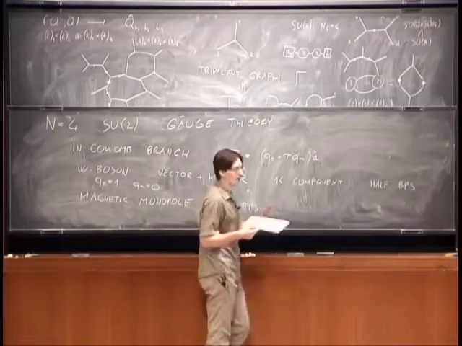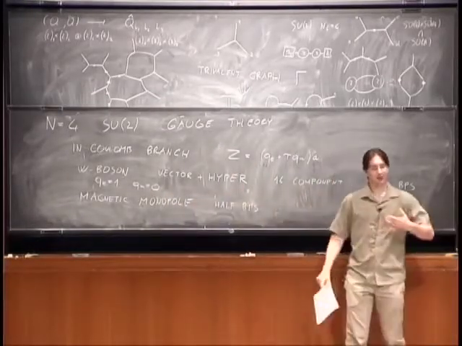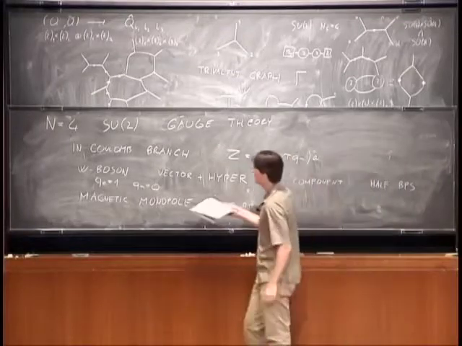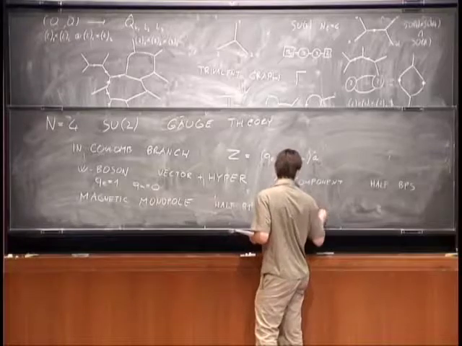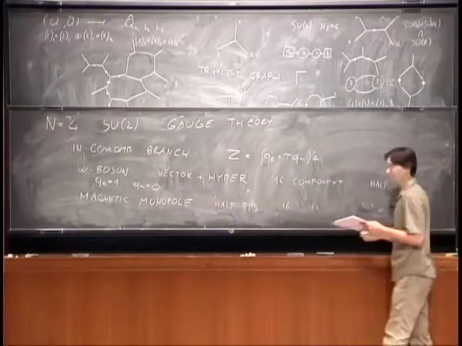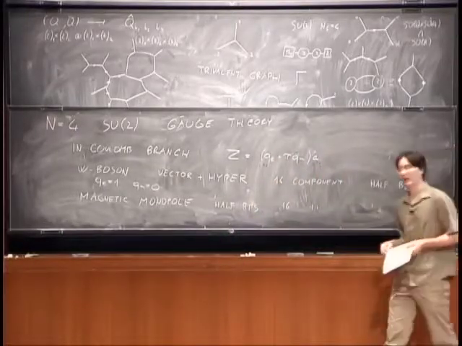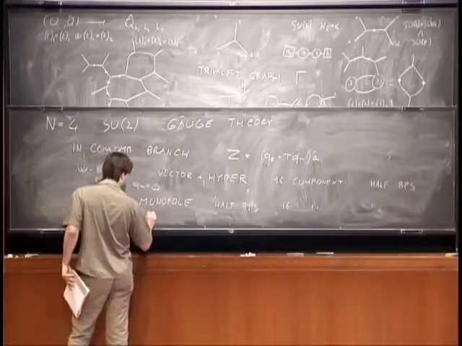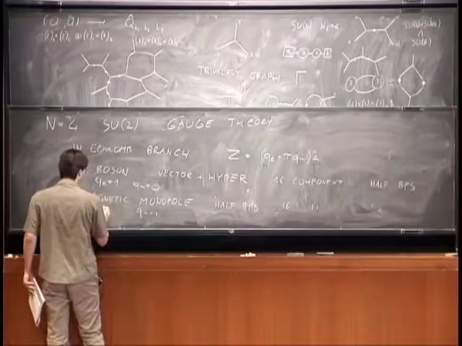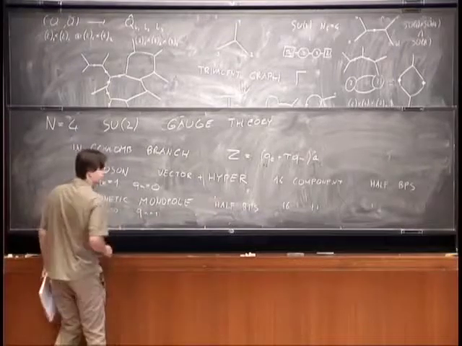They break 8 out of 16 supercharges. And so they sit in the same sort of multiplet as the W boson. But they have magnetic charge 1 and electric charge 0.